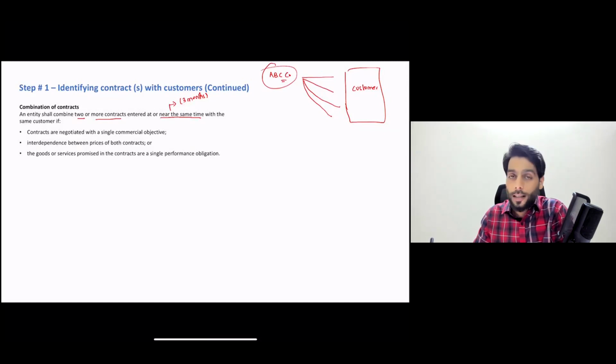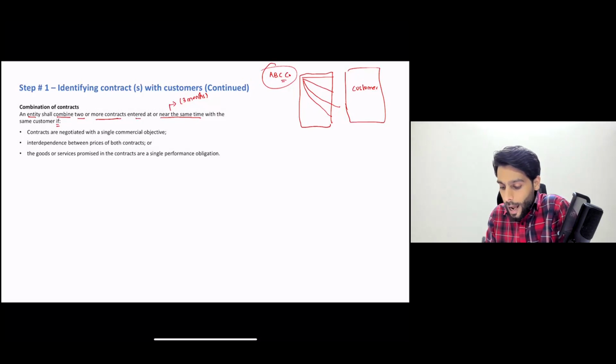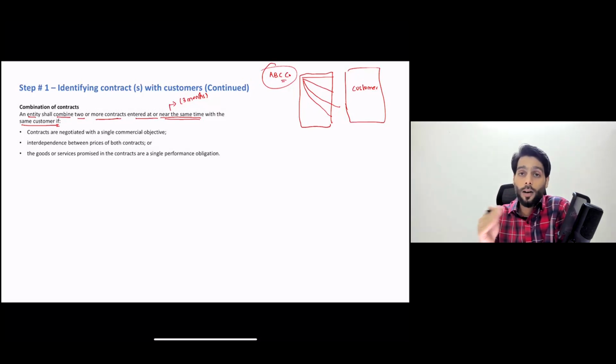One entity may enter into multiple contracts with the customer at or near the same time, and all those contracts may be treated as one single contract, but there are conditions. I'll repeat it again: an entity shall combine two or more contracts entered at or near the same time with the same customer if, remember, with the same customer and at or near the same time, any of three conditions is met.